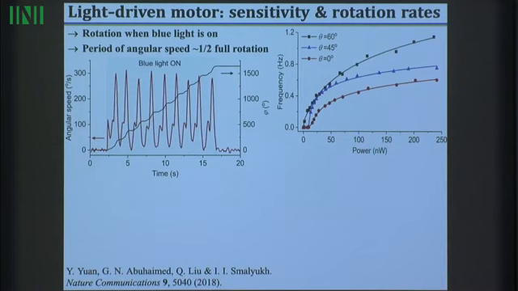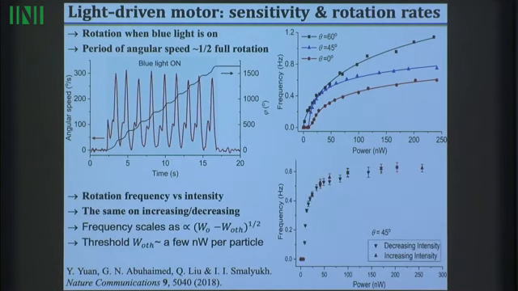And so also what you notice is that the frequency of spinning has this type of dependence on the power of the incident light. It increases with this power, but there is some threshold on the order of 1-2 nanowatts in here, and that depends on polarization of incident light and other conditions, and later on we will understand where this type of square root dependence comes from.